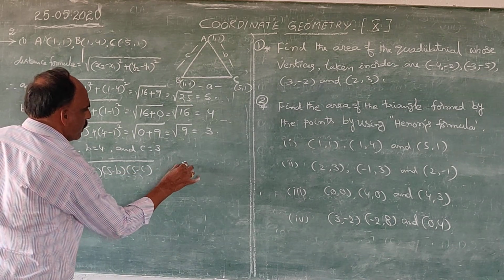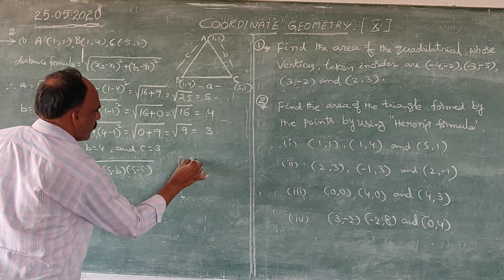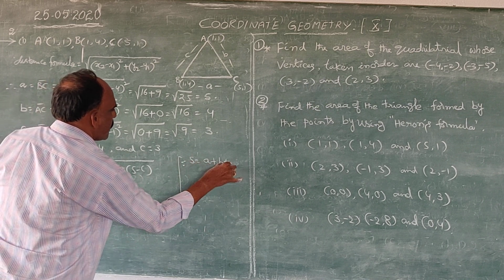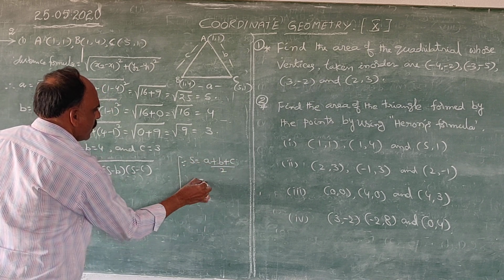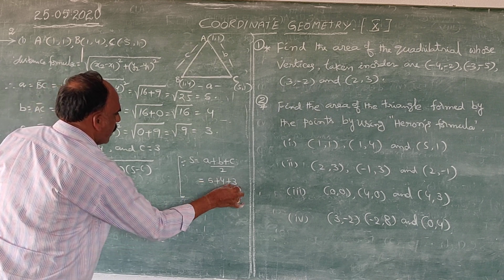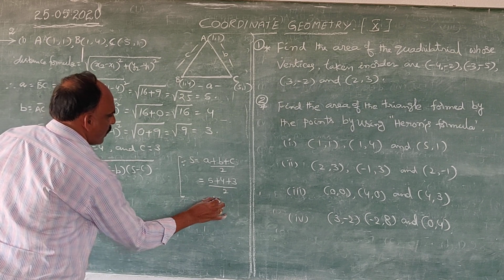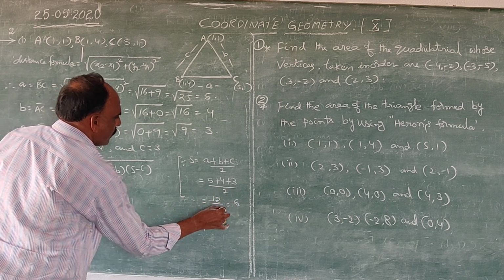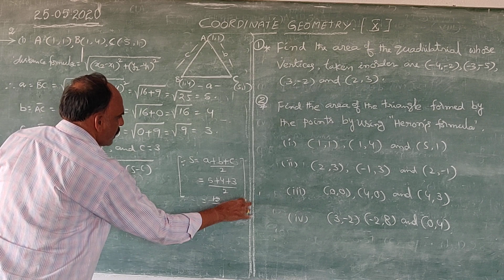Now s is equal to (a plus b plus c) by 2. That is equal to (5 plus 4 plus 3) by 2, which is 12 by 2, that equals 6. Now the s value is 6.